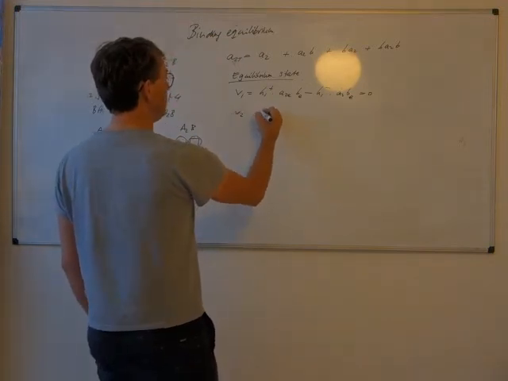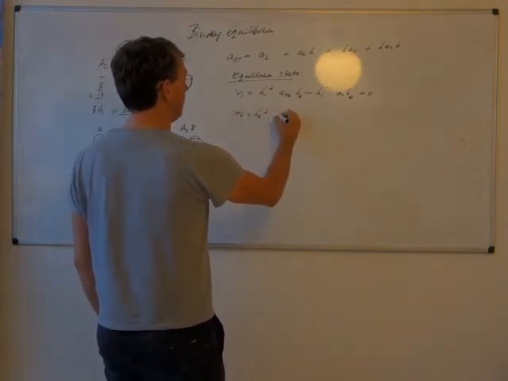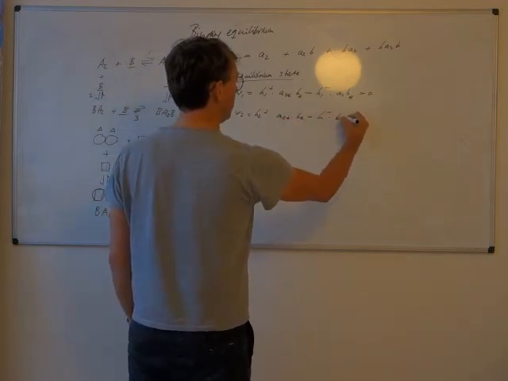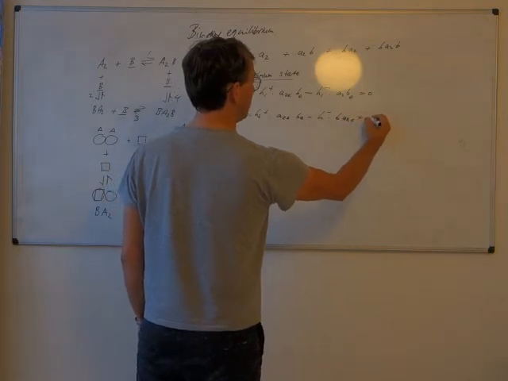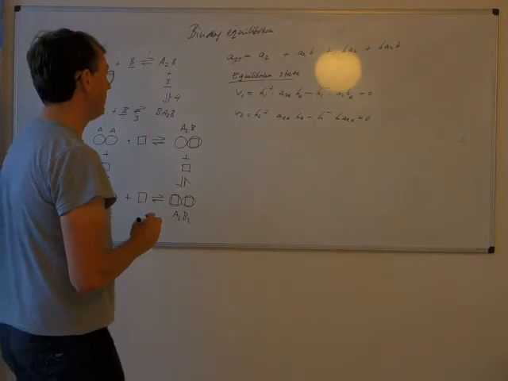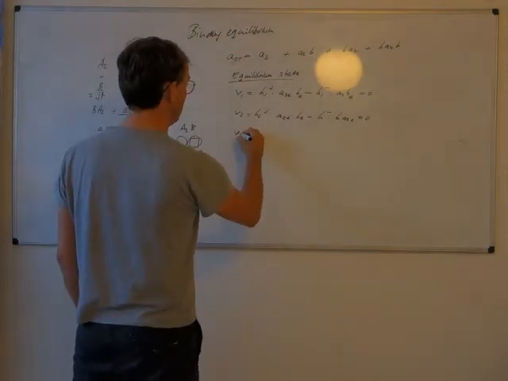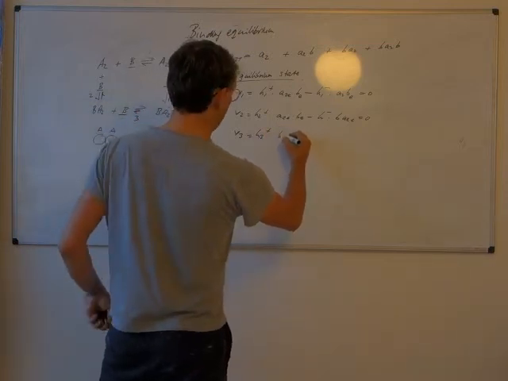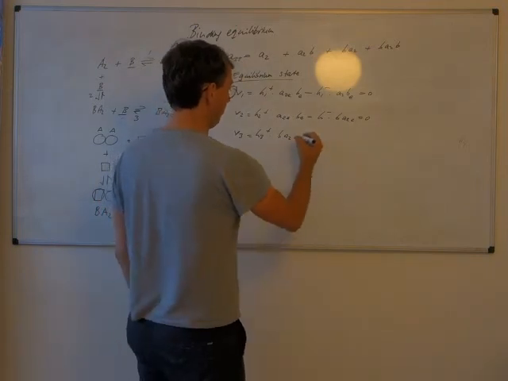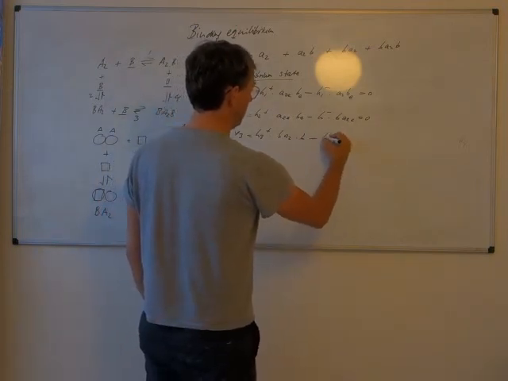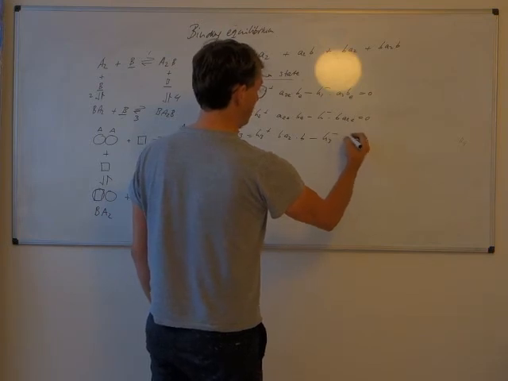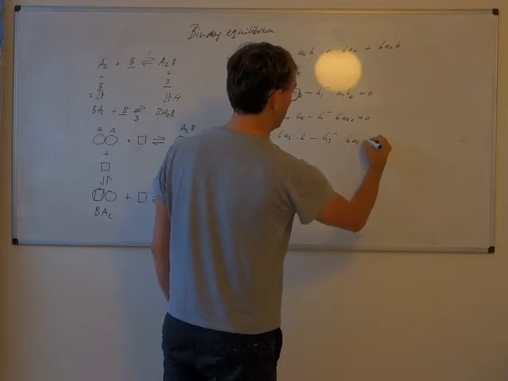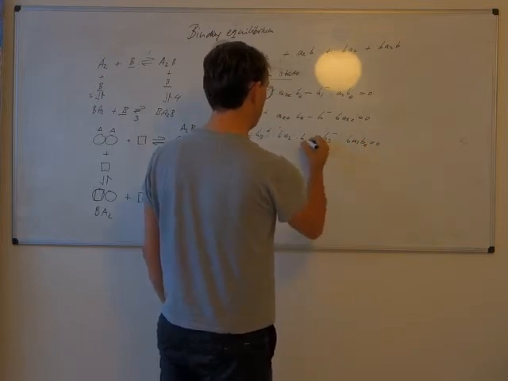There is also a V2, which is K2 plus times A2E times BE minus K2 minus times the complex, equals 0. And there's a third reaction, that is K3 plus, that starts from this complex, and then another B binds, K3 minus times, how do I call that, the B2 complex. And these are equilibrium concentrations.